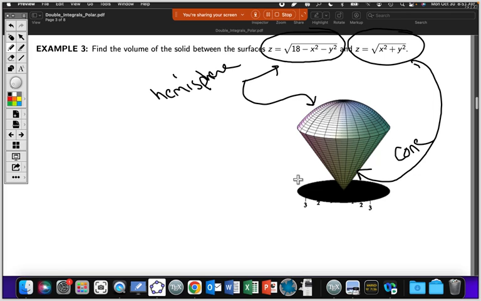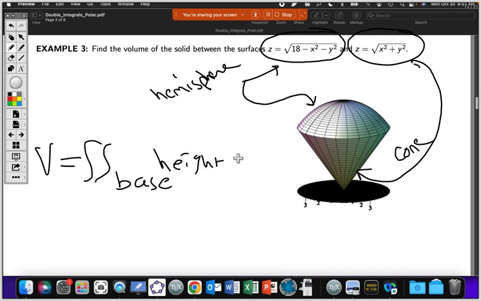So what's the volume of the solid between these surfaces? Once again, it's described as being between two functions of z. So we'll use the volume integral over the base, height, dA. The shadow here suggests it's going to be a circle, which is what gets us in the door with polar coordinates.